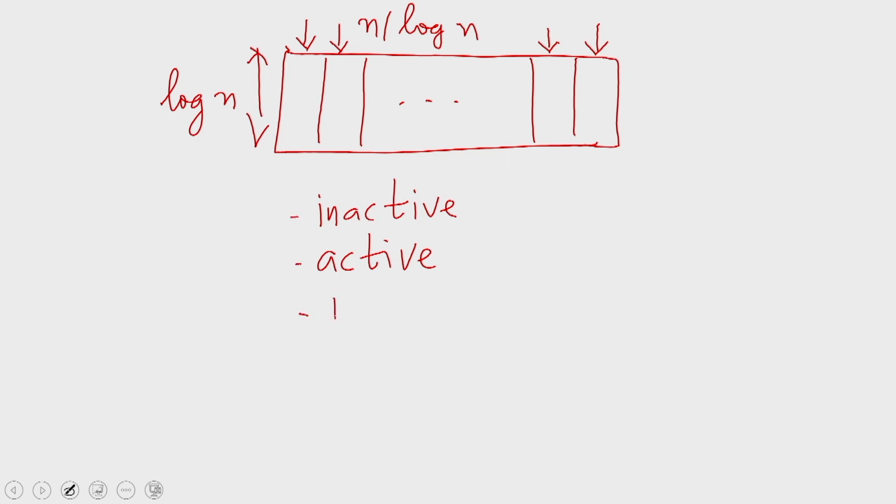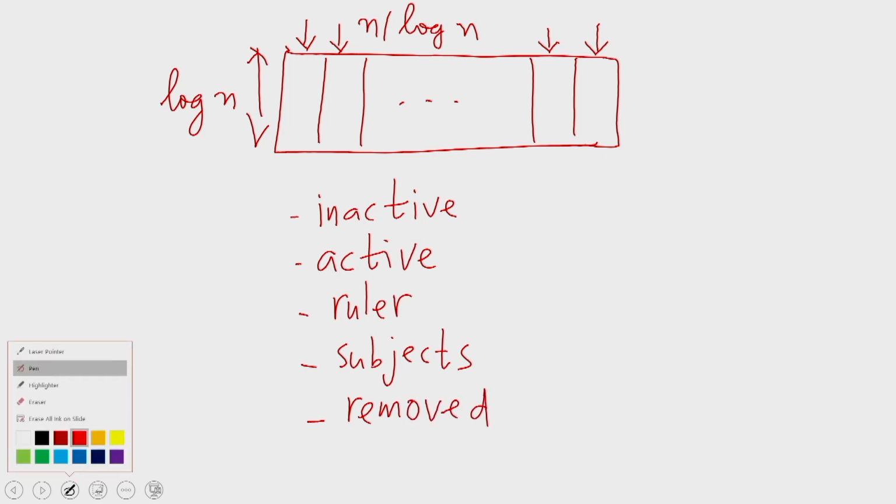and then we will have vertices that are called rulers. These are vertices that will be left in charge of some subjects. Then we will have vertices that are subjects, and finally, we have vertices that are removed. A vertex that has been processed and has been spliced out of the list is a removed vertex.